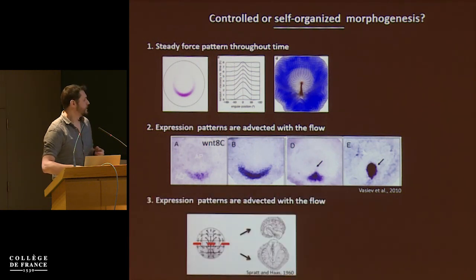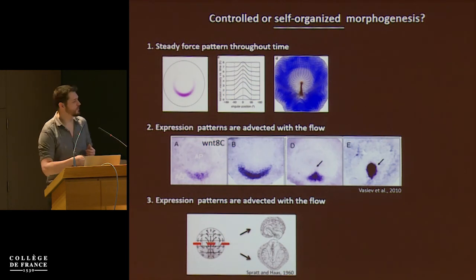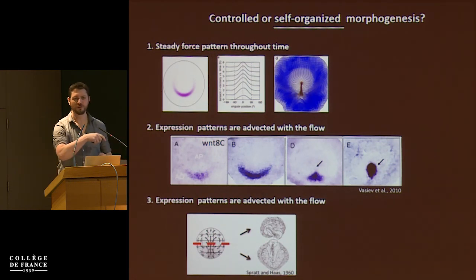Then also something we are very interested in is that it looks like the embryo has the potential to self-organize itself, because this brings us back to a seminal experiment performed in the 60s, where people took epiblasts, so embryos at the same stage I just talked about, and bisected the embryos.